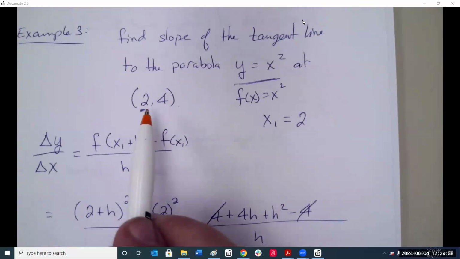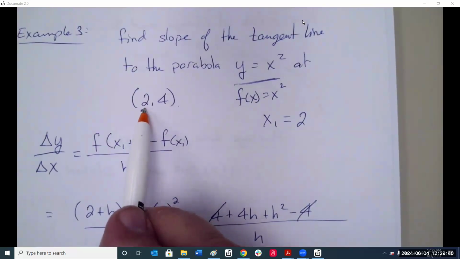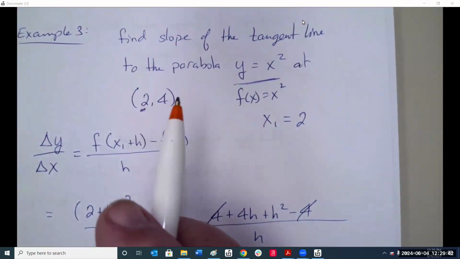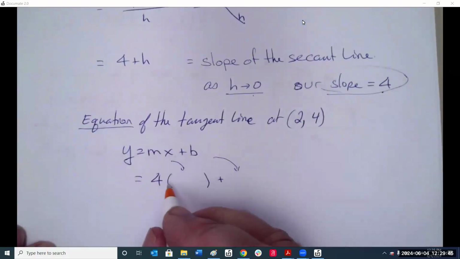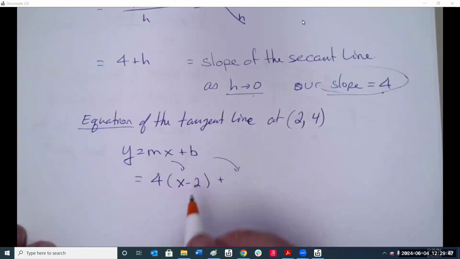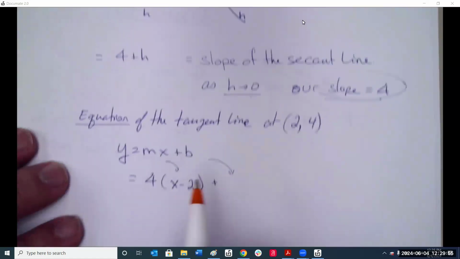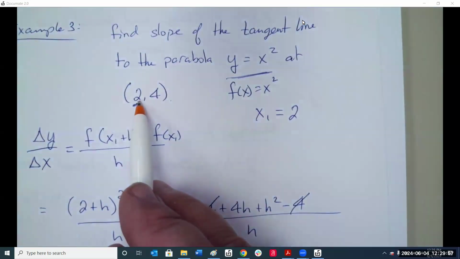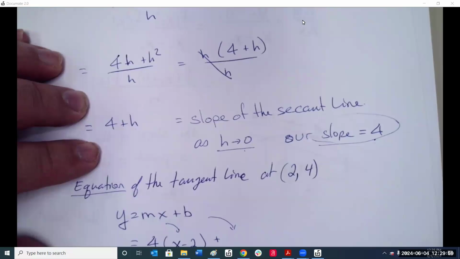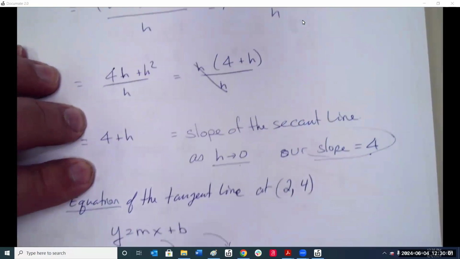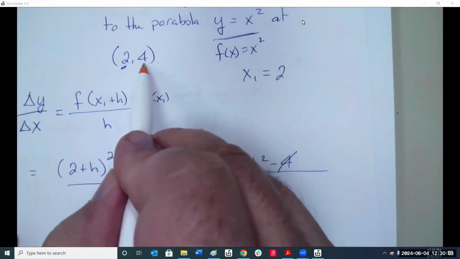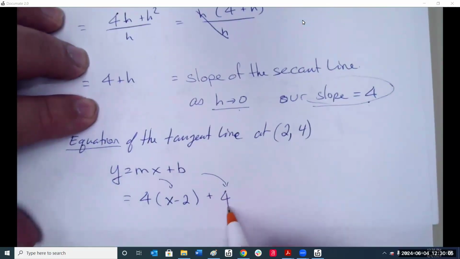Because our x value is 2, it's shifted 2 to the right. When x is 2, that goes to 0. And so that makes it our y-intercept.